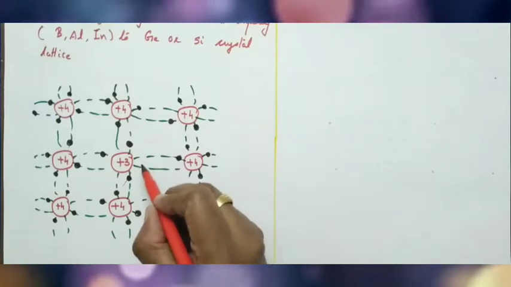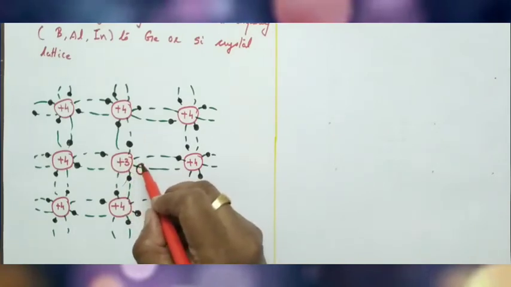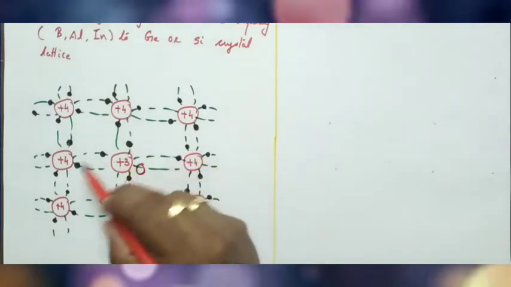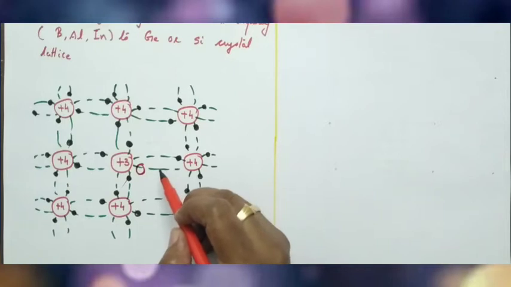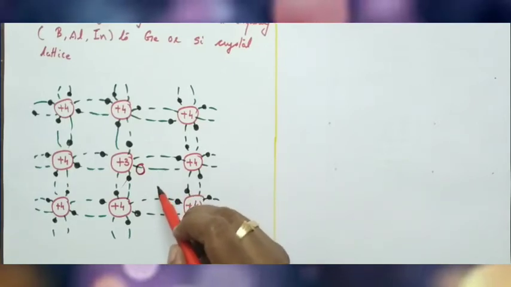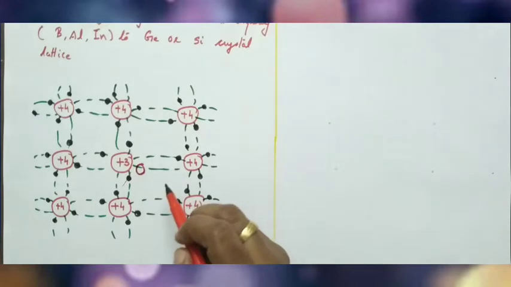In this bond a vacancy is produced, because the trivalent impurity has only 3 electrons in the outermost shell. So the bond between the fourth neighbor and the trivalent atom has a vacancy, or hole.